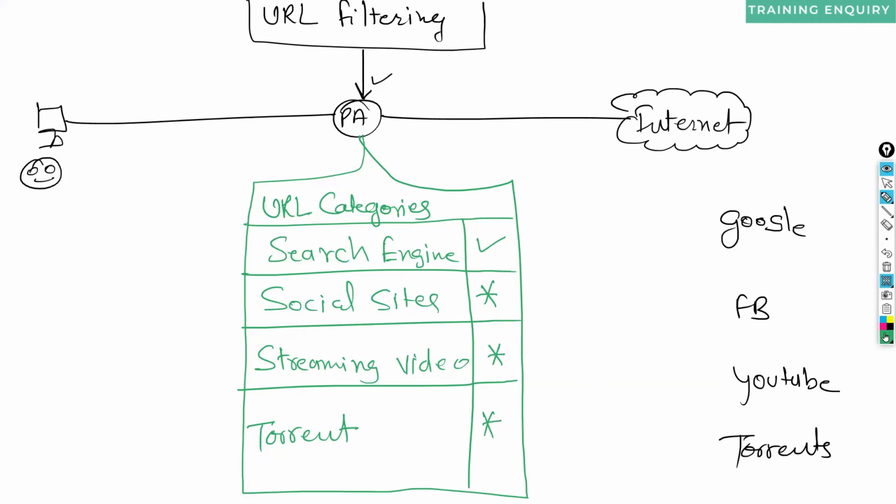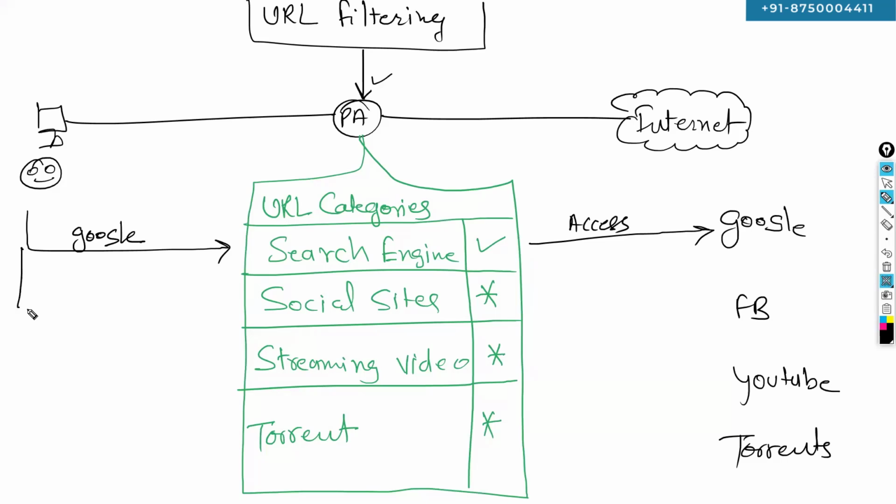Now, what will happen when client will say, I want to communicate with Google. Google belongs to search engine, which firewall already knows. Search engine is allow, then client can access search engine. If client says, I want to communicate with Facebook, Facebook is deny, not allowed.